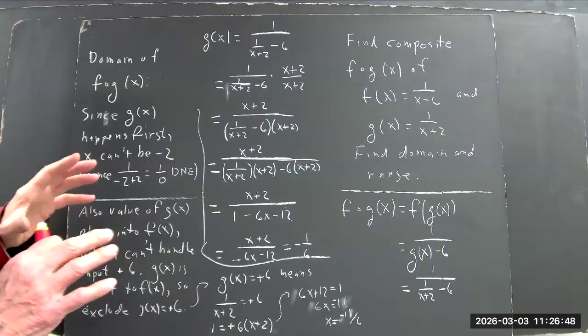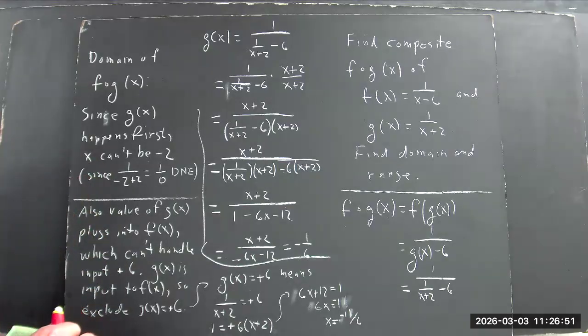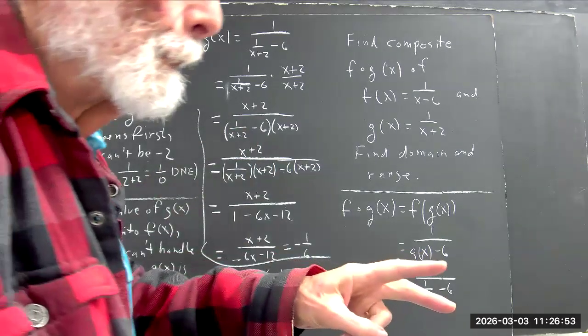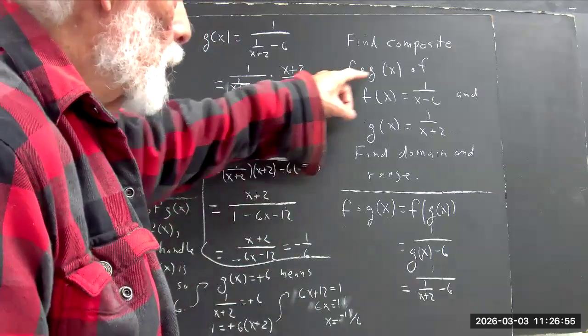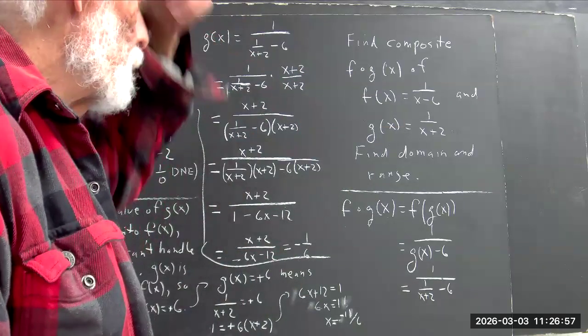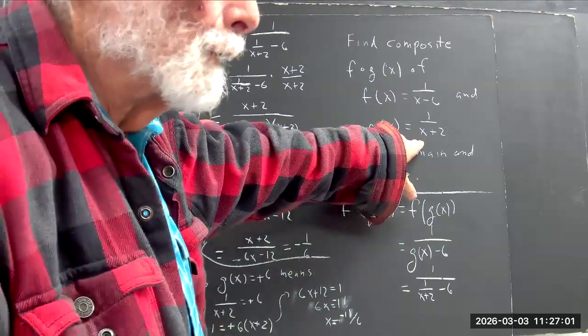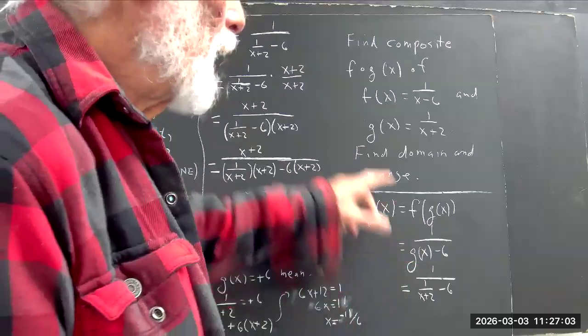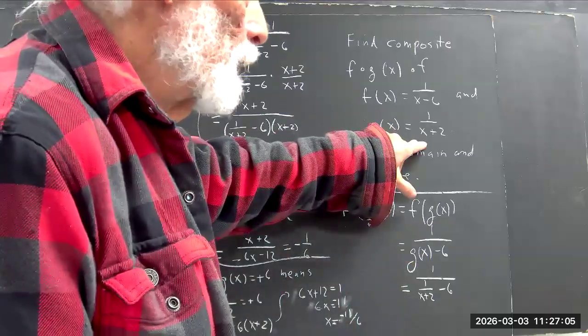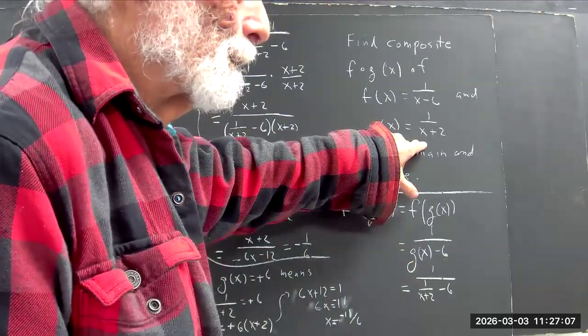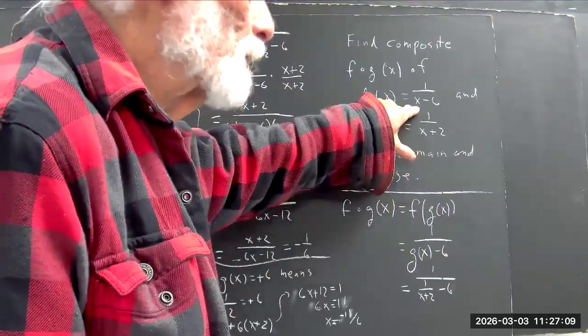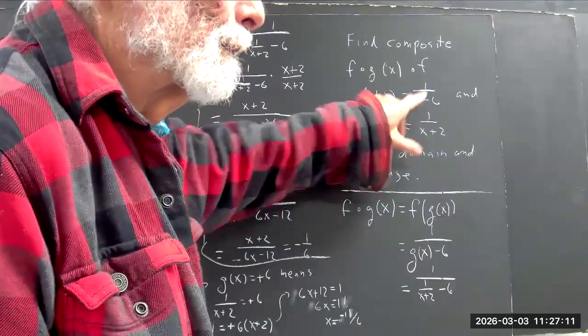Now, let's back up and look at the big picture. There are two things that can't happen when we do the composite f of g of x. You can't put negative 2 into g of x, and that should be obvious. And you can't put a number into g of x that's going to give you 6, because 6 won't go into f of x.